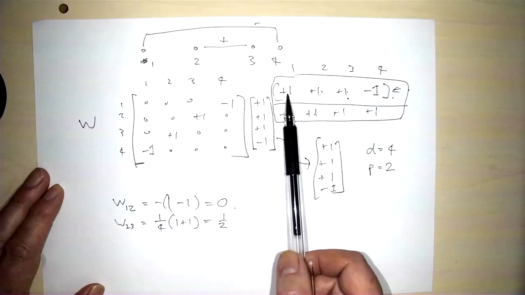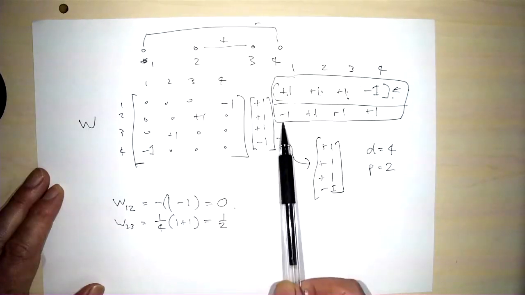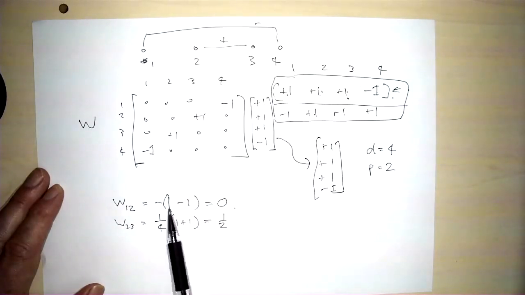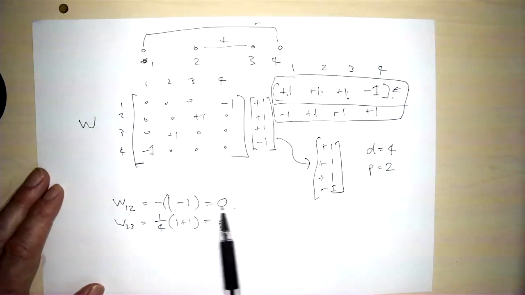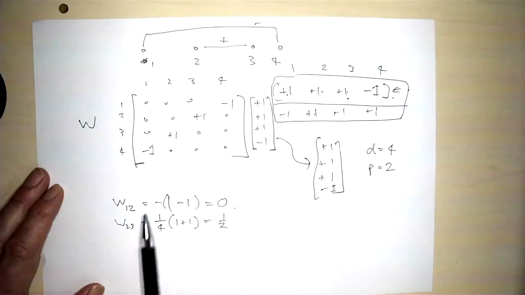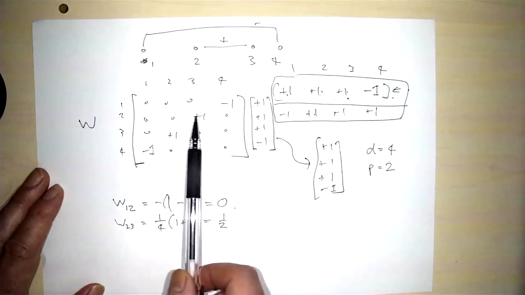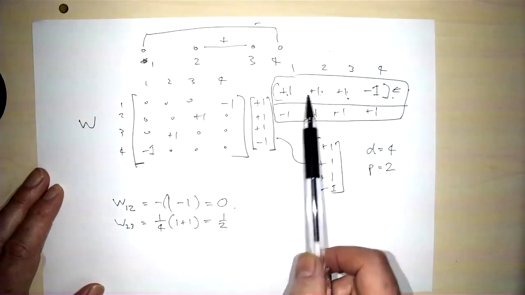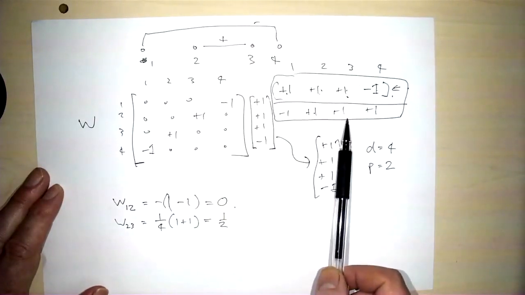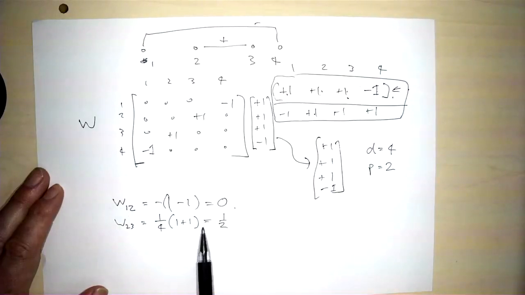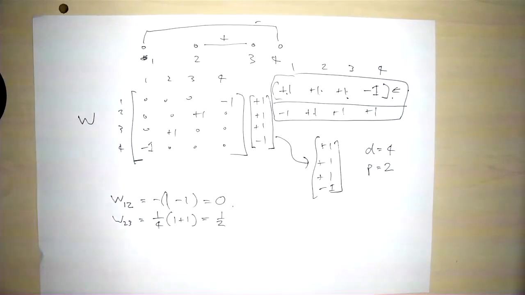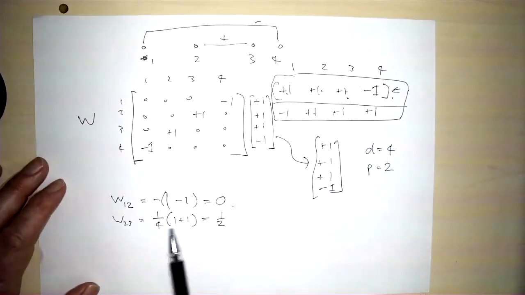So here, +1 times +1 is +1, and here +1 times -1 is -1, so we get 1 minus 1, which is 0. If we look at W23, we get +1 times +1 and +1 times +1. So we get 1 plus 1, but if you look at that formula, we have to divide by the number of neurons, which is 4. So technically it's 1 plus 1 divided by 4, which is a half.